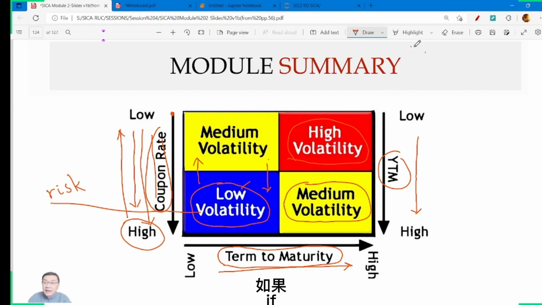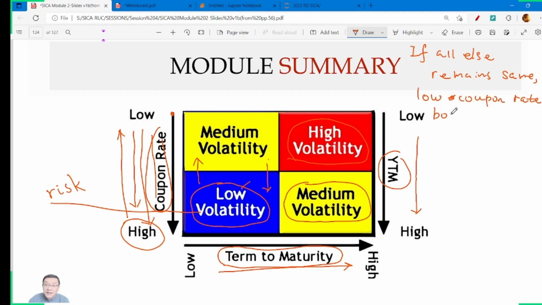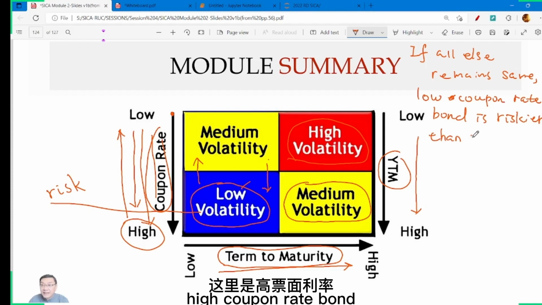Suppose all else remains the same, a low coupon rate bond is riskier than a high coupon rate bond.